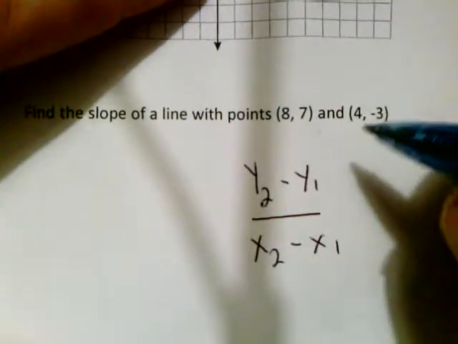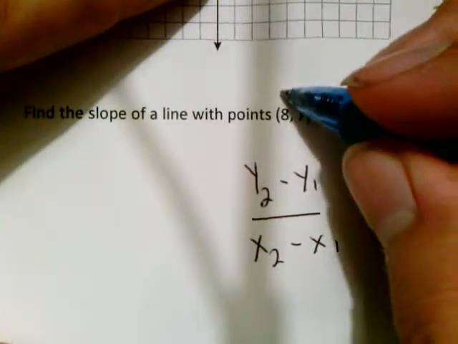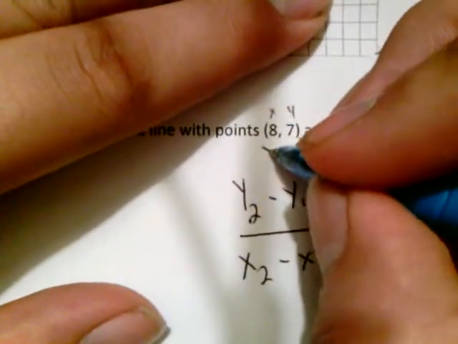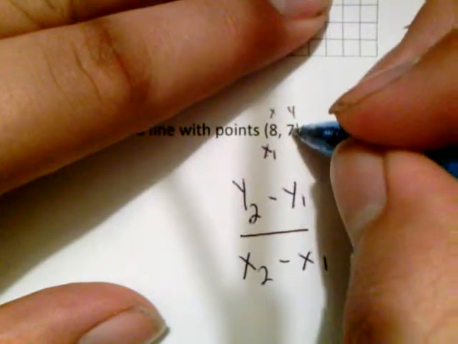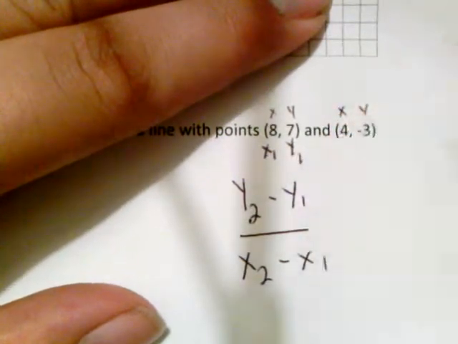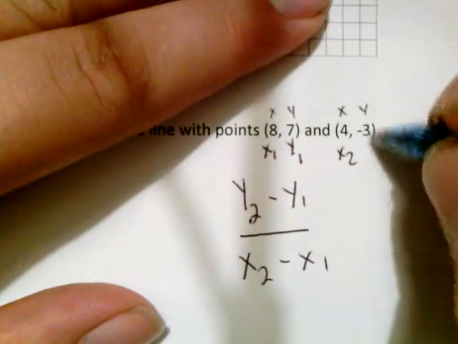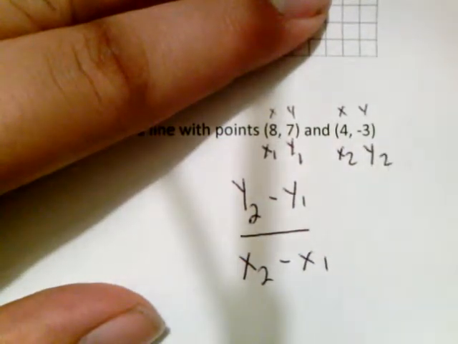Now how you can tell: this is an x, this is a y, this is an x, and this is a y. This is our first x, so this is called x1. This is our first y, so this is y1. This is our second x, which is x2. This is our second y, which is y2.